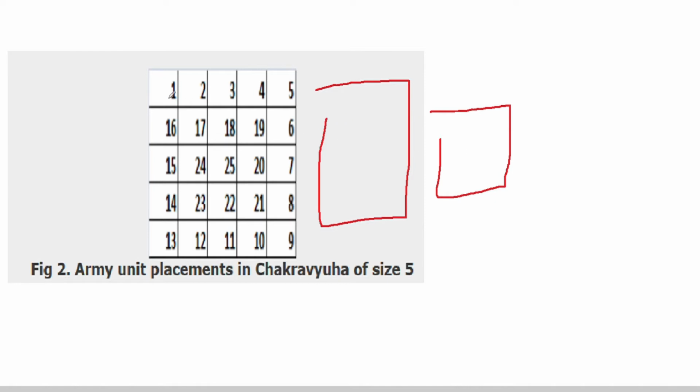Now see, this pattern I'm talking about keeps repeating. Why? Because first you do this pattern: you move from 1 to 5, then 5 to 9, and then 9 to 13, and then 13 to 16. So this is one pattern, and after that you repeat this pattern again in this format. If this matrix was any bigger, you'll repeat this pattern again, and again, and again.